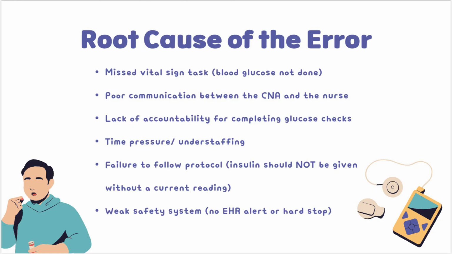Additionally, there was a failure to follow protocol, since insulin should never be given without a current blood glucose reading. Finally, the safety system itself was weak. There was no electronic health record alert or hard stop to prevent insulin from being given without documentation. All of these factors together create an environment where this error could occur.